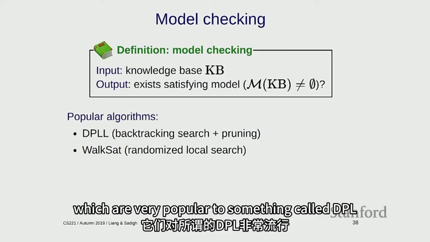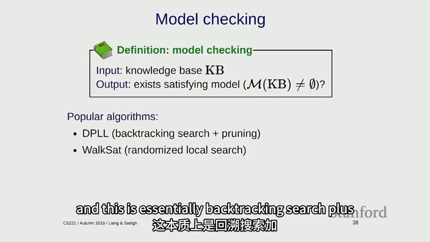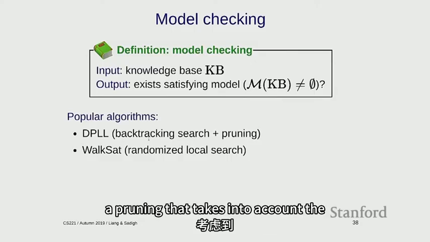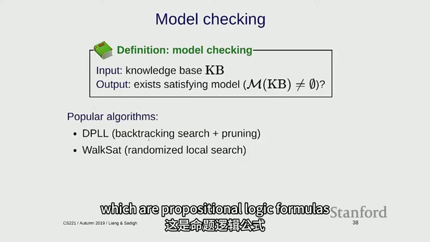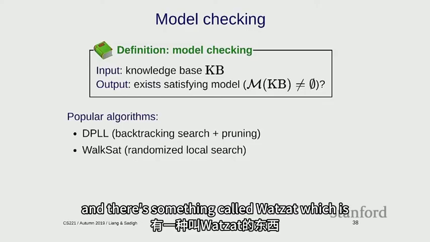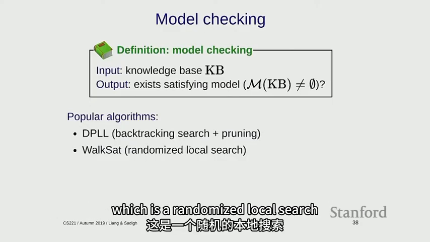There's something called DPLL, named after four people, and this is essentially backtracking search plus pruning that takes into account the structure of your CSPs, which are propositional logic formulas. And there's something called WalkSAT, where the closest analog that we've seen is Gibbs sampling, which is a randomized local search.